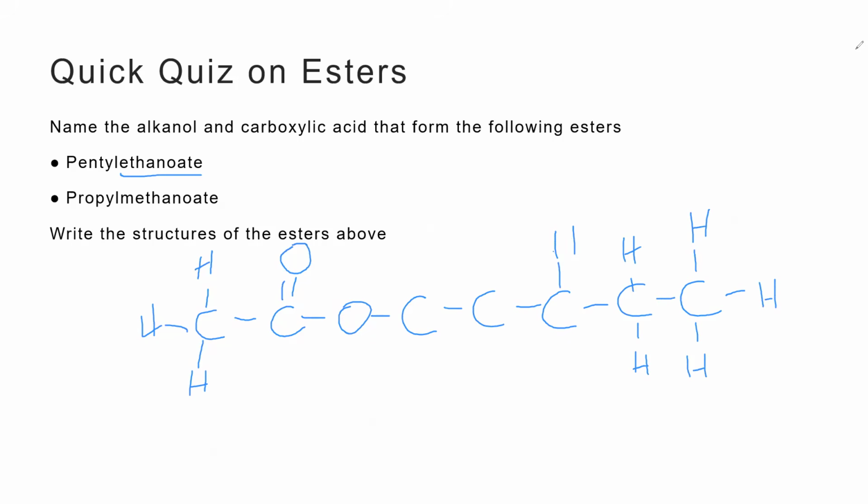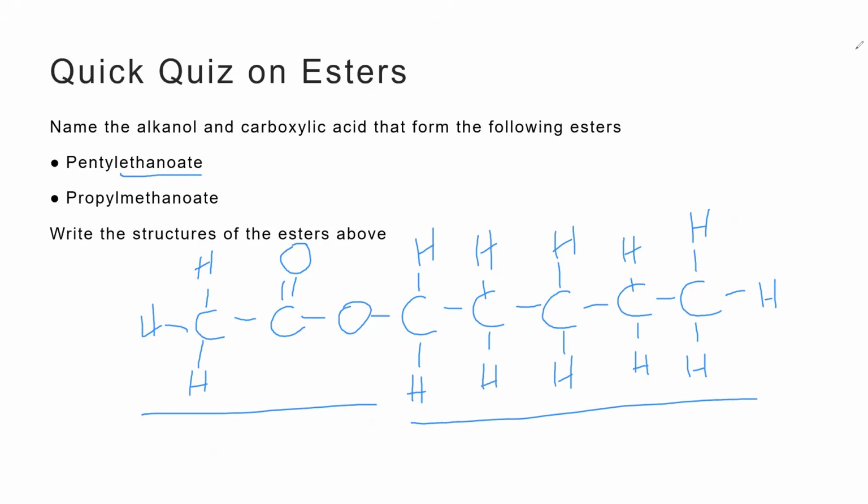Every hydrogen has only 1 bond. Now this is pentyl ethanoate. You must be very careful in writing such structures. Some students will forget and add another bond here. That is not correct. Is that clear? So this is pentyl ethanoate.